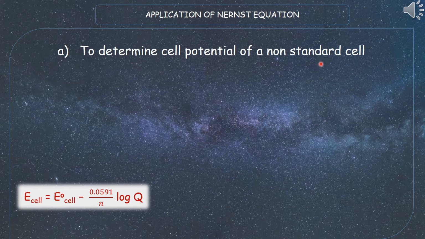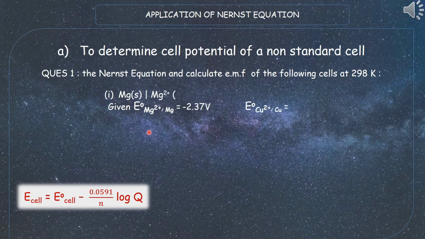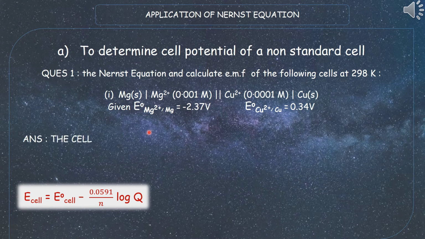So here is an expression for the cell, that is, the cell representation. The concentration of Mg2+ ions is 10 raised to minus 3, and the concentration of copper ion is 10 raised to minus 4.